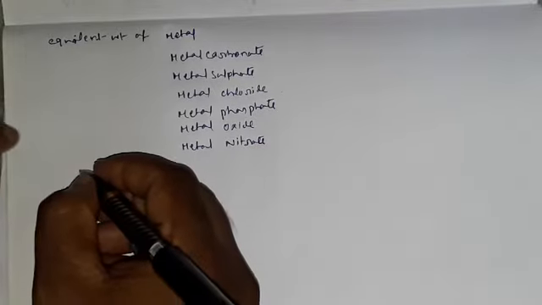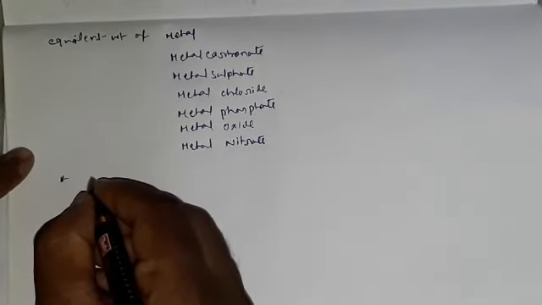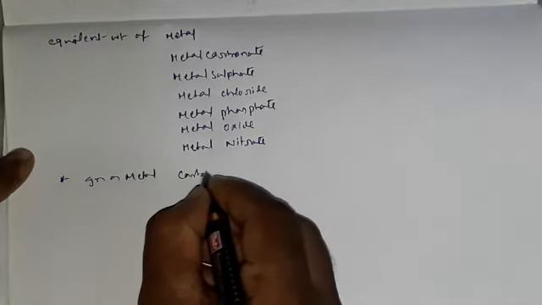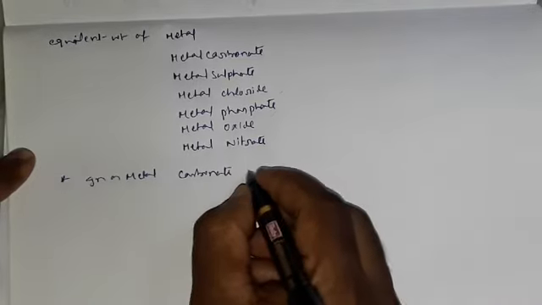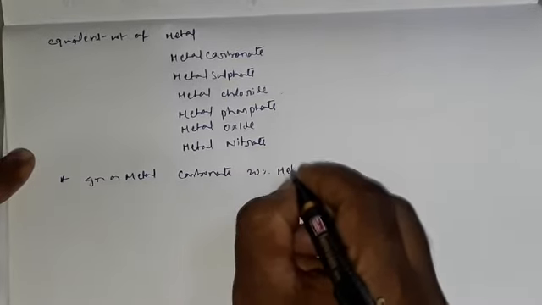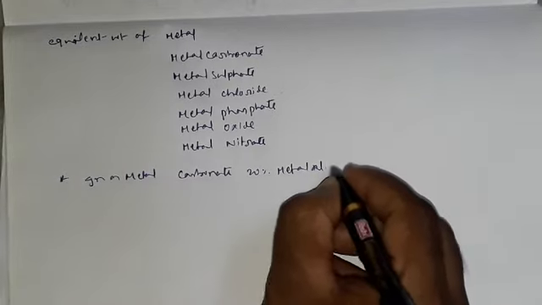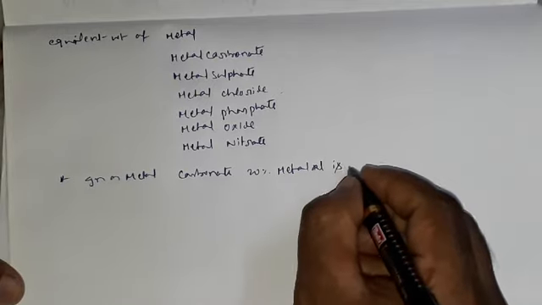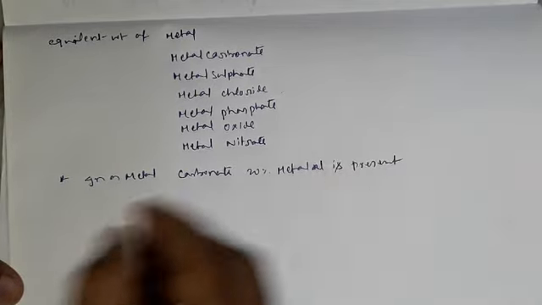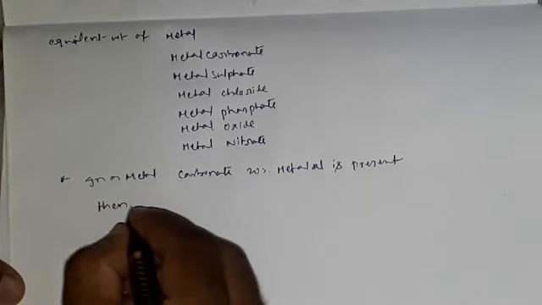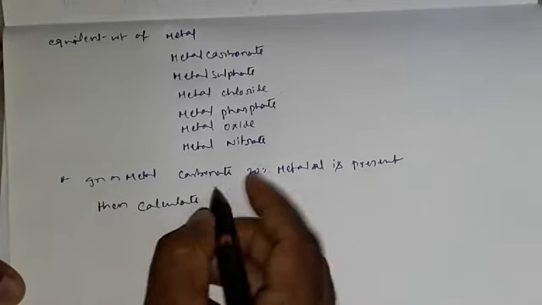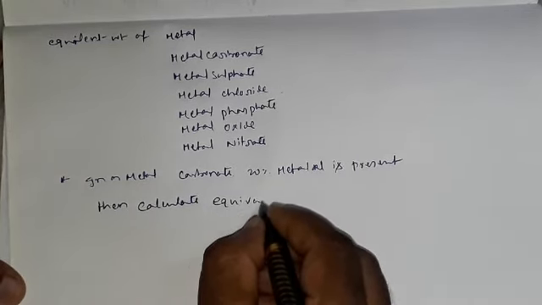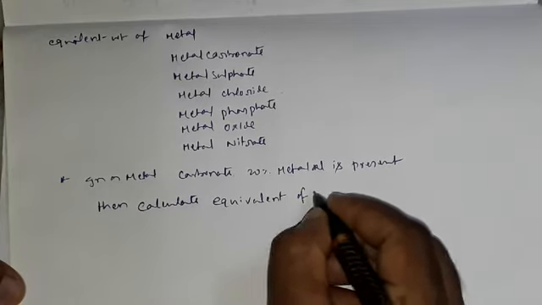Now suppose in a metal carbonate 20% metal is present. Then calculate the equivalent weight of metal.